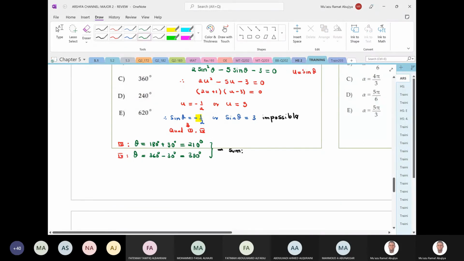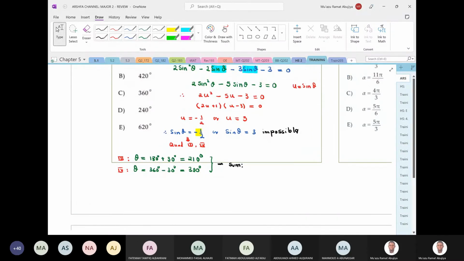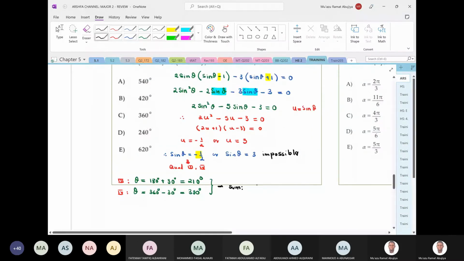So 210 plus 330, and that is going to give us the sum to be equal to 540 degrees, and that is the sum. So here we must not forget, because this one we said is impossible, it is of course rejected. So we cancel this part. We did not accept this one.